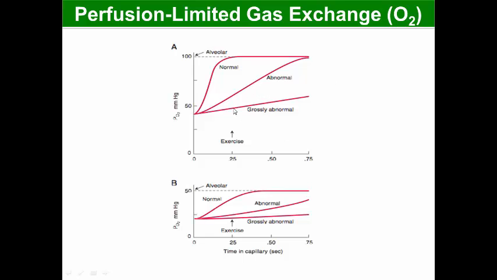You can see here that the partial pressure of oxygen rises only very slightly. But here, still there is a rise in the partial pressure of oxygen. So this is abnormal. You can see this could represent the exchange of oxygen during strenuous exercise, and this could represent the exchange of oxygen in pathological conditions like emphysema or like fibrosis.